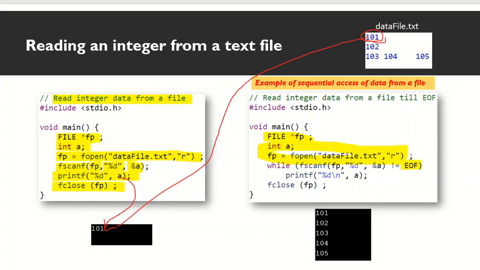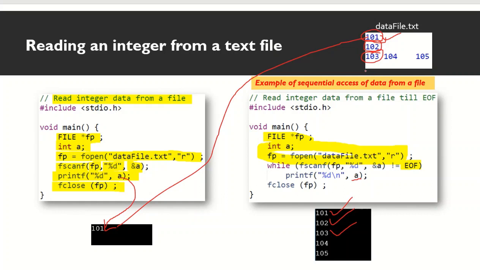So in the first iteration of the while loop, the first content, that is 101, is read and printed using this printf. In the second iteration, it will skip the new line and go to the second value, that is 102, which is read and printed. So 101, 102. In the next iteration, it will go to the new line and read the third value, and that will be printed.